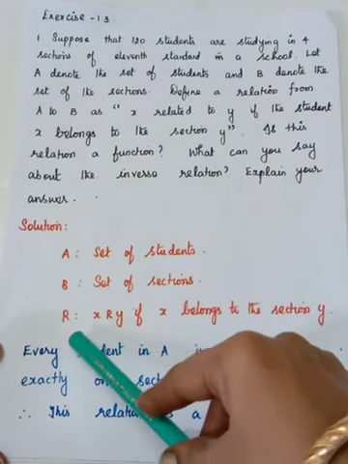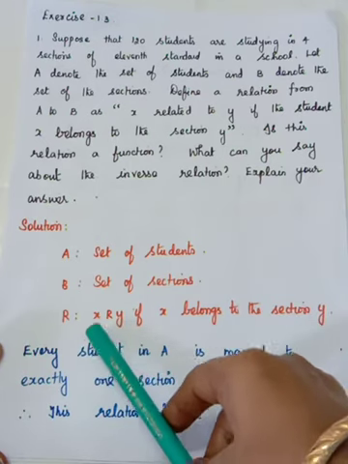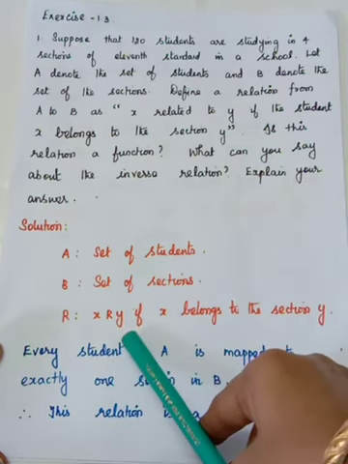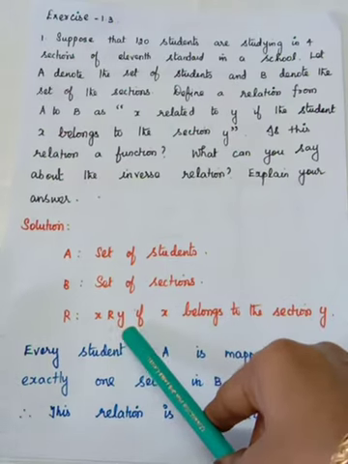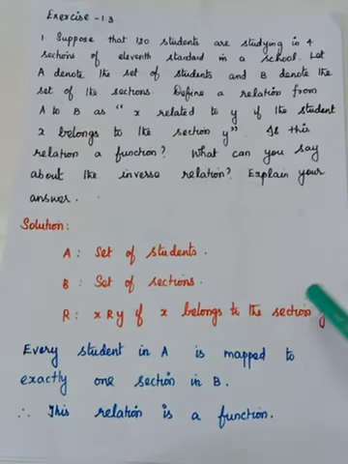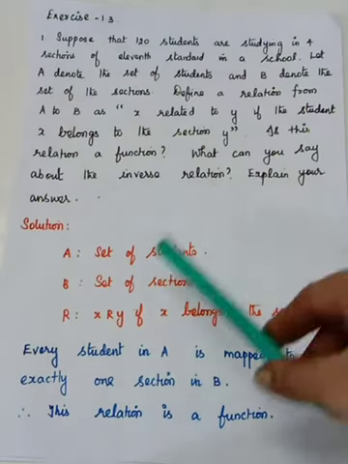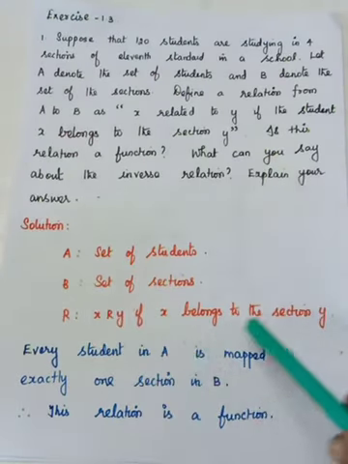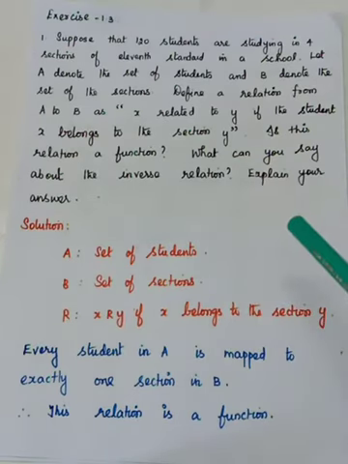The relation R is defined as: X is related to Y if the student X belongs to the section Y. So we have to check whether the given relation is a function or not. Function means every element in the domain has to be mapped to exactly one element in the range.